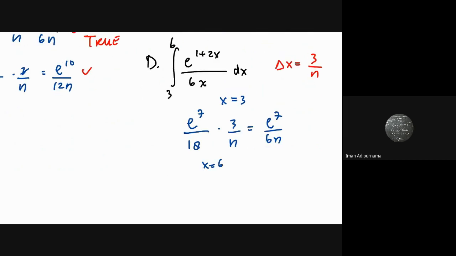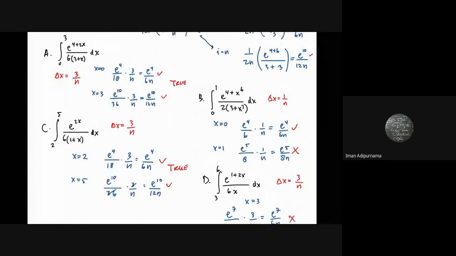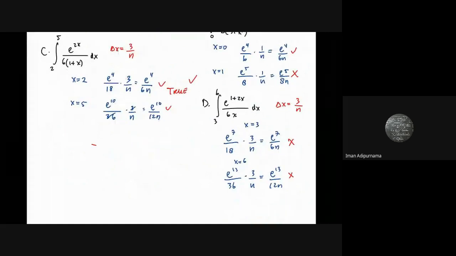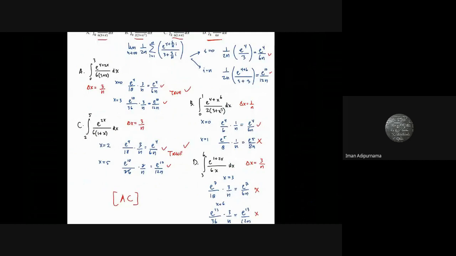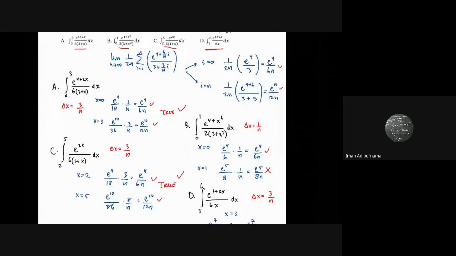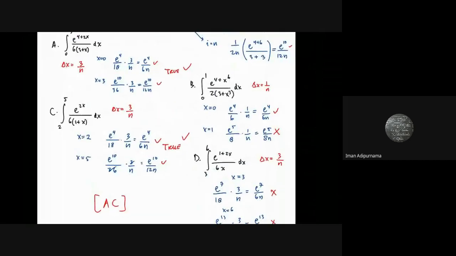Let me just finish this: e to the 13 over 12, sorry, 36. So wrong answer here. So the true statements are A and C. So the answer is AC. This comes from the definite integral definitions. I hope you get the idea from here.